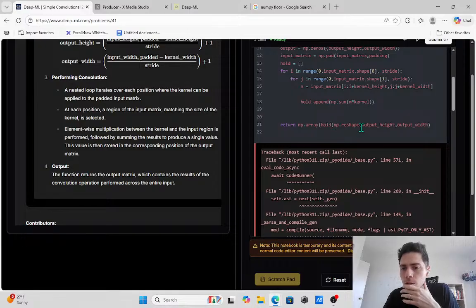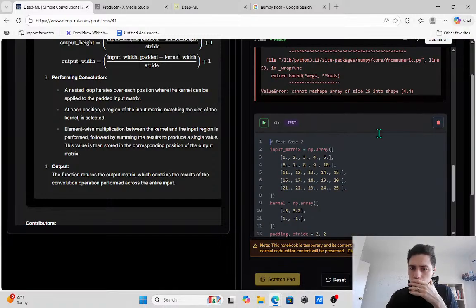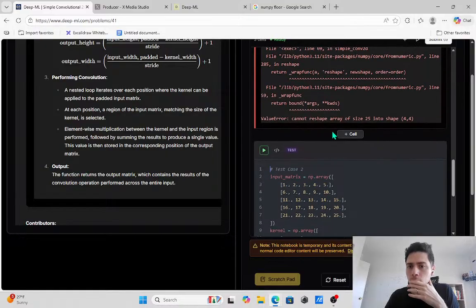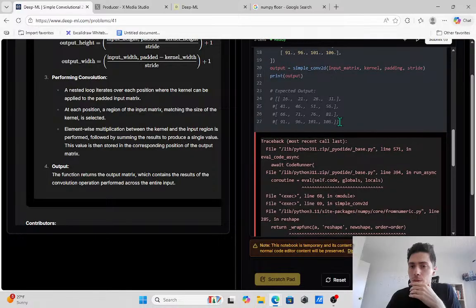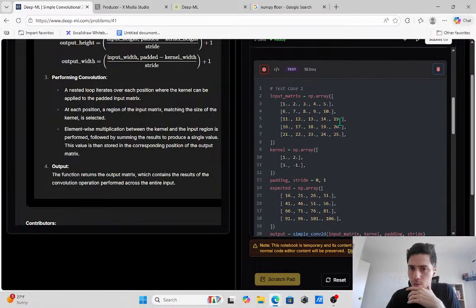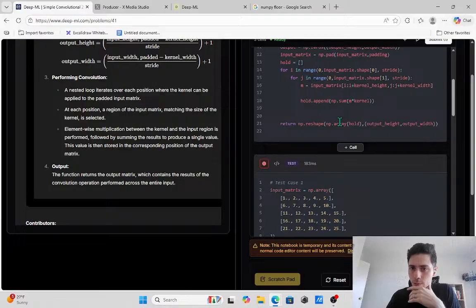Oh. Not reshape. So it's 25. Okay. But we're getting close.